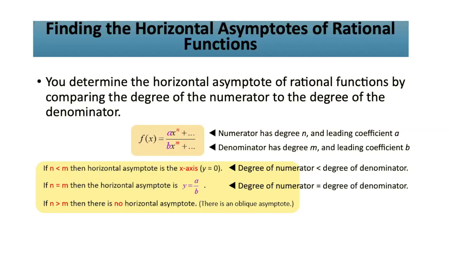And finally, if n is greater than m, meaning the degree of the numerator is greater than the degree of the denominator, you don't have a horizontal asymptote. There will be a slant asymptote, but you don't need to worry about how to find that.